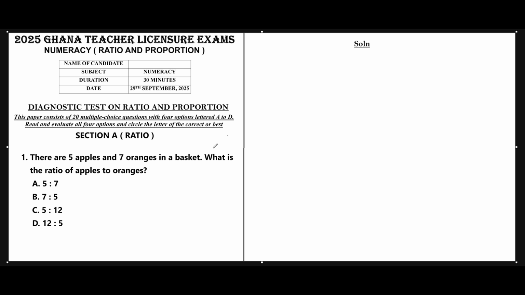So in this particular question, since we are being asked to find the ratio of apples to oranges, it also means that we have to compare the number of apples to the number of oranges. So how do we compare them? So their number. We have 5 apples and then 7 oranges.